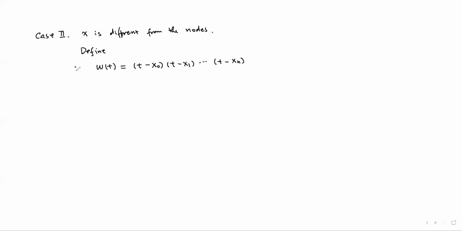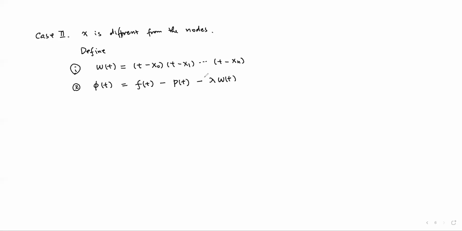Now the second function is phi(t), equal to f(t) minus p(t), where p is the interpolation polynomial, minus lambda times w(t). w(t) is defined here.